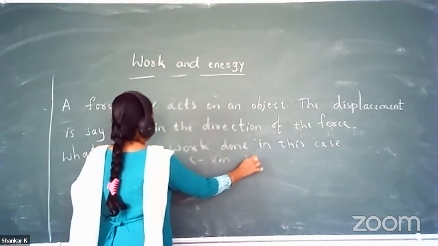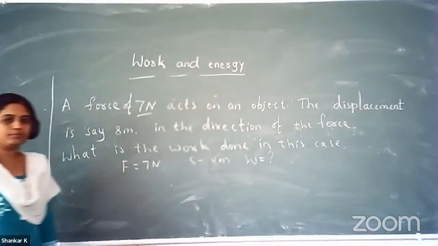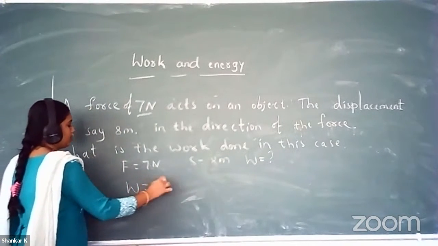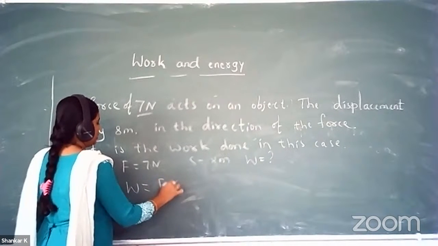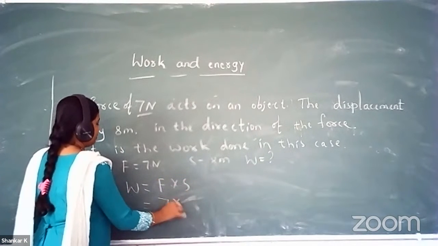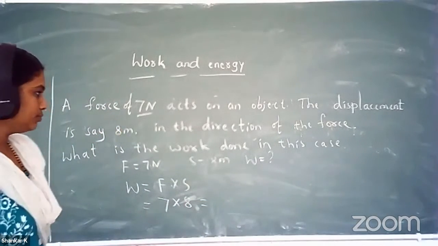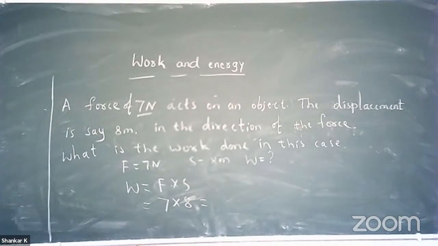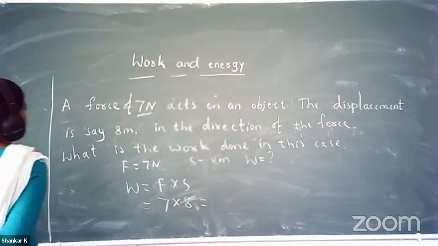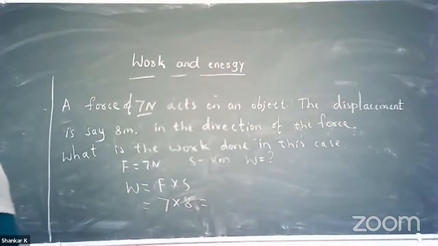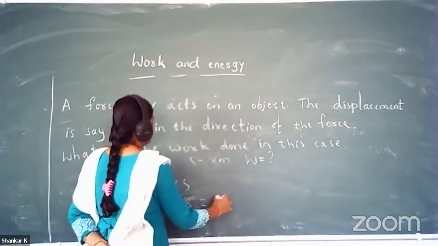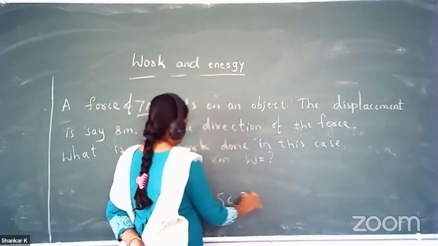We have to find the work done, so W is equal to F into S. Here F is 7 N and S is 8 m. What is the answer, students? 56 joules. Okay, you said 56 joules.